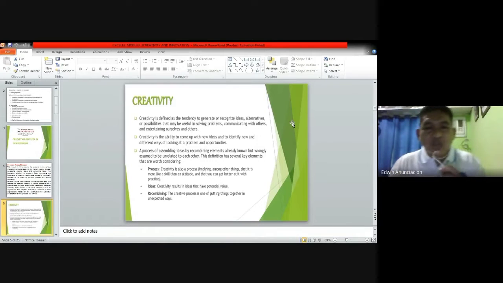Creativity is the ability to come up with new ideas. So sometimes we need to really challenge ourselves to think outside the box and to come up with changes, or to adapt changes, especially for those ideas or situations that are no longer suited to the situation, especially in the field of business.